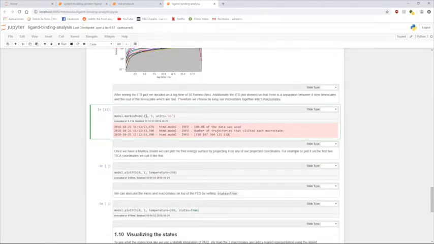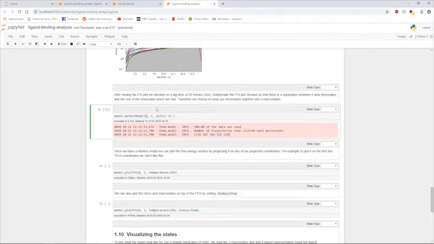So we'll just use these 4 slow timescales to be shown in our macro states, which are basically groupings of microstates, and we'll use 5 macro states to construct our Markov model. Okay, and now we'll visualize them.